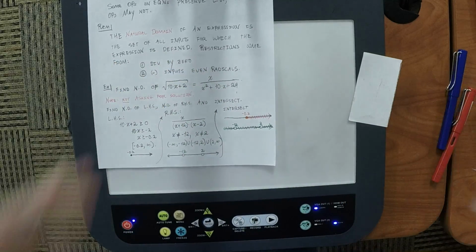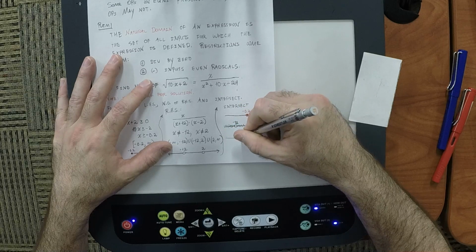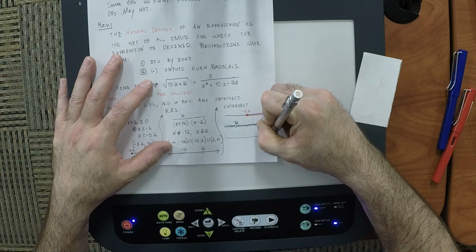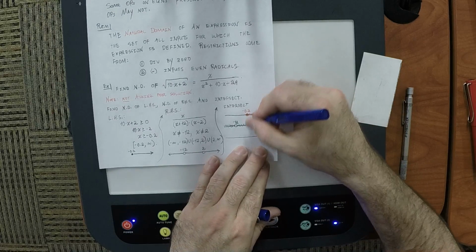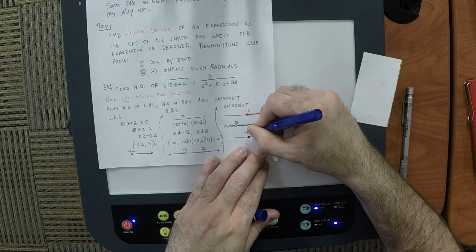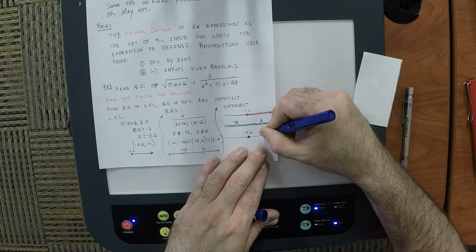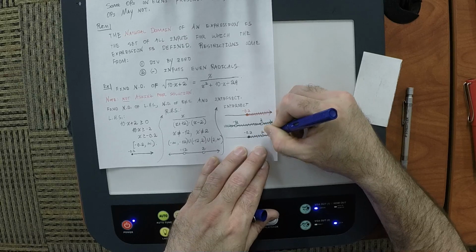So as a result, the intersection you could draw it in the following way. You could say, well, here it is. That's the first place, negative 0.2. Then we don't have 2. That's out. But all of the rest of this stuff, yes, we have it.